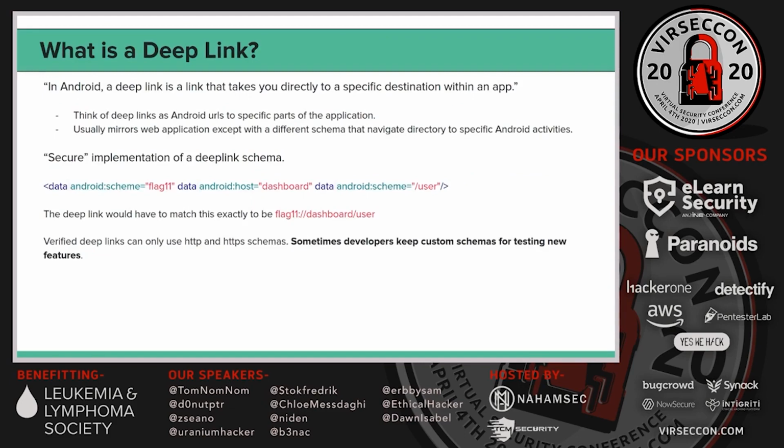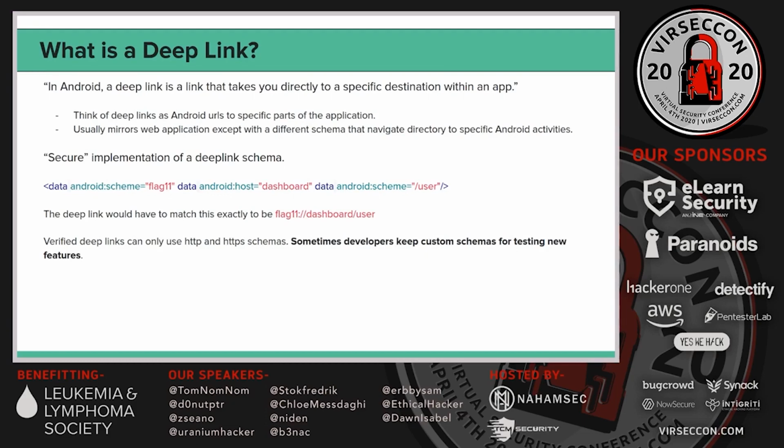What is a deep link? So a deep link takes a user to a specific destination within an app. I like to think of deep links as Android URLs to specific parts of the application. Usually they mirror the web application, except with a different scheme.